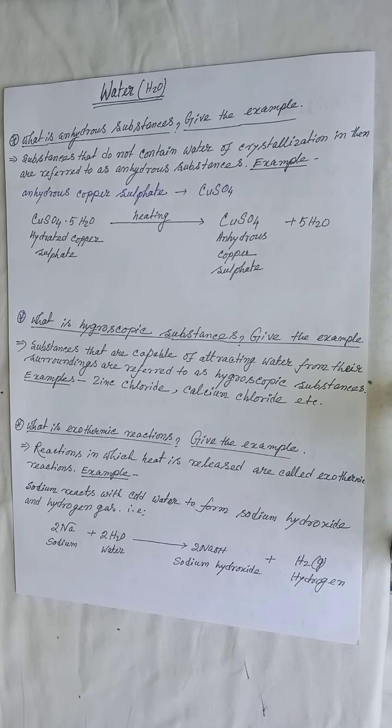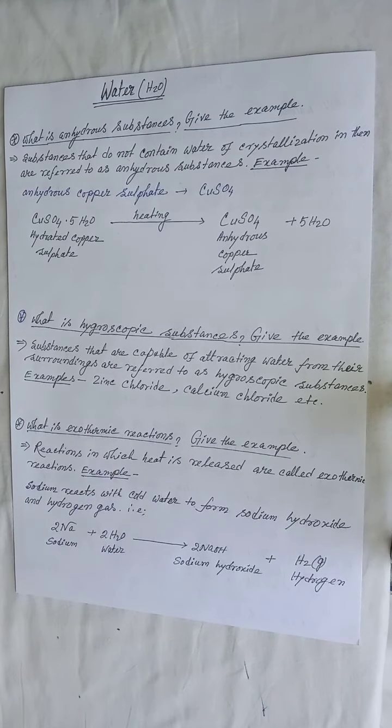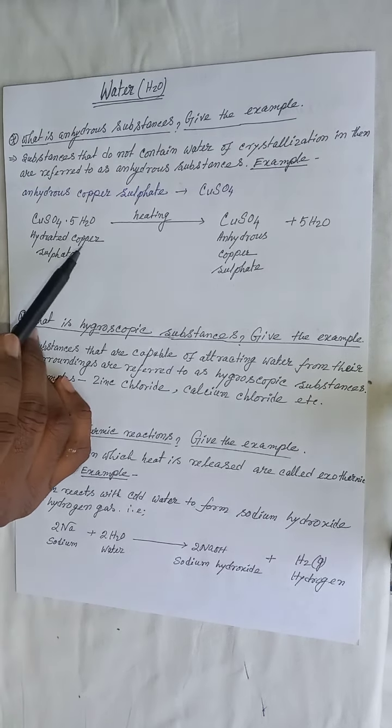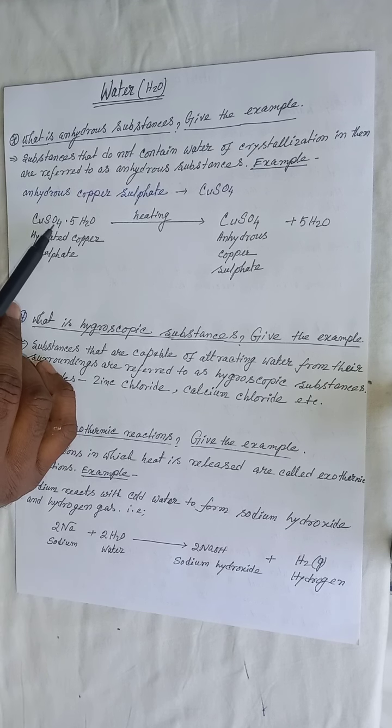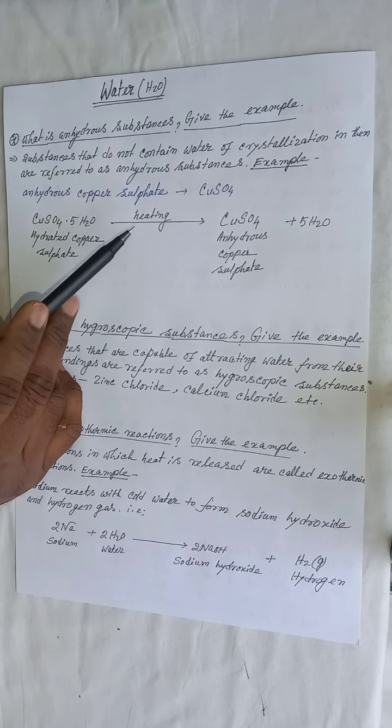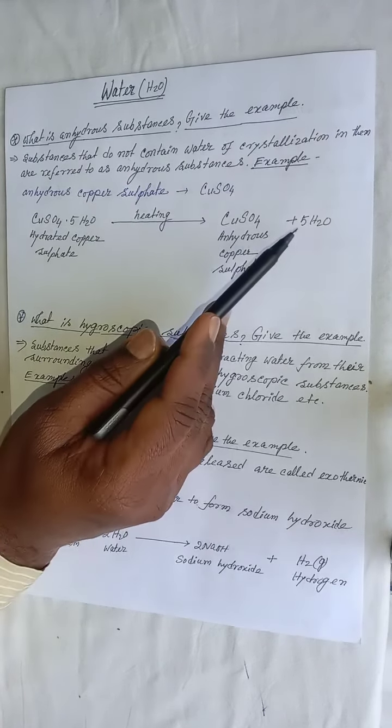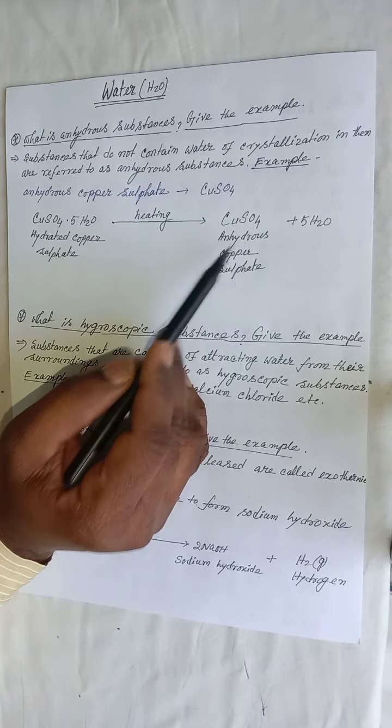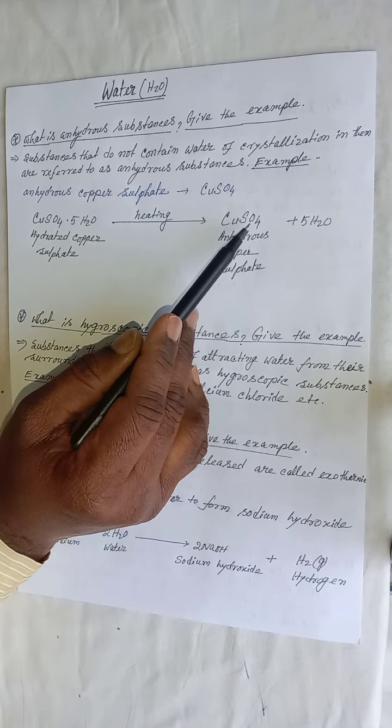Give the example. Substances that do not contain water of crystallization in them are referred to as anhydrous substances, that is, anhydrous copper sulfate, CuSO4. Hydrated copper sulfate, CuSO4.5H2O, by heating removes the water molecules to give anhydrous copper sulfate, CuSO4.